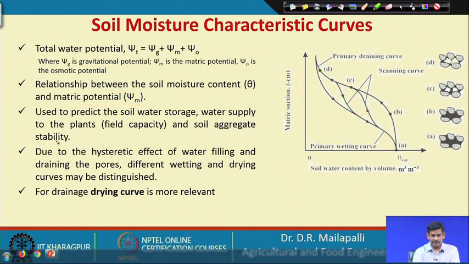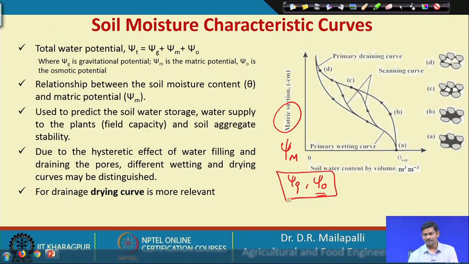It is used to predict the soil water storage. Here the matric suction is soil psi m only. Psi g and psi o, if there are any, we are not considering here, because psi g for gravitational may not be there. Once it is in field capacity, there is only this psi m.